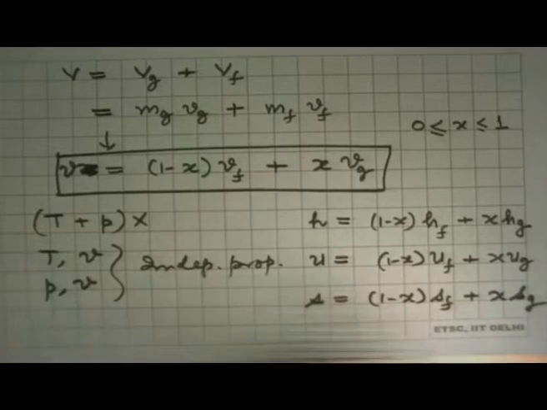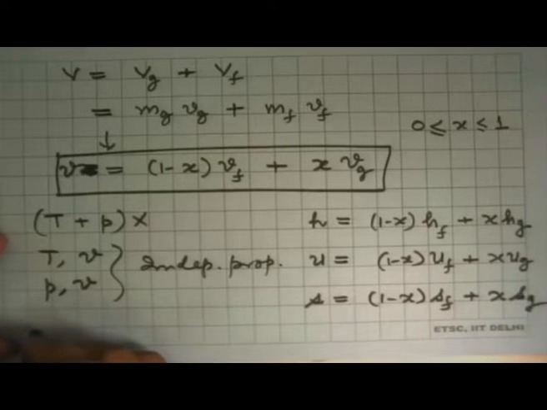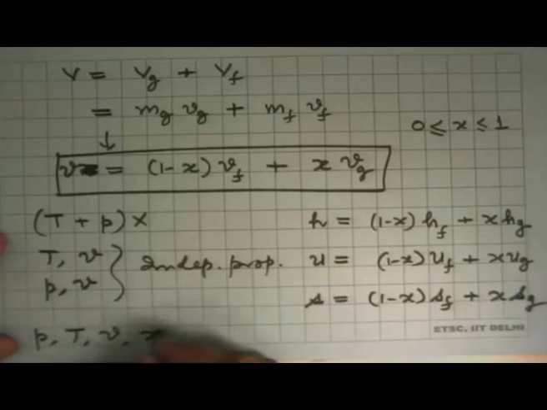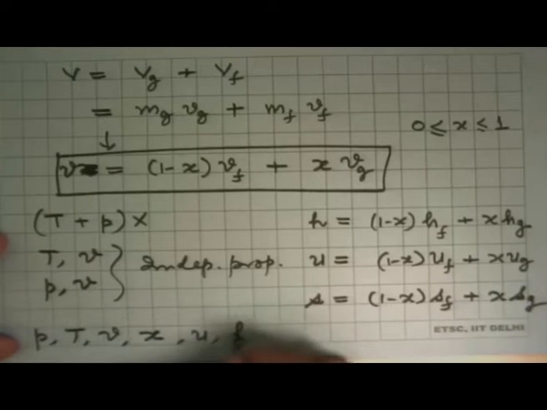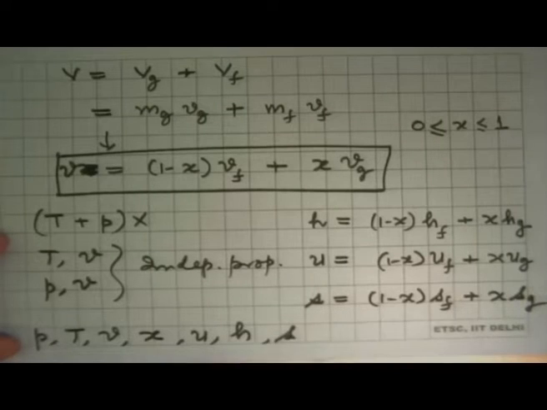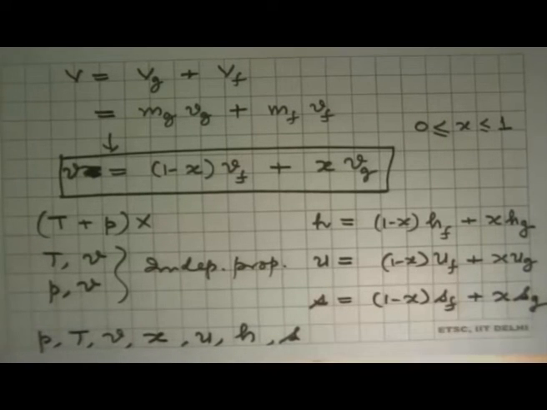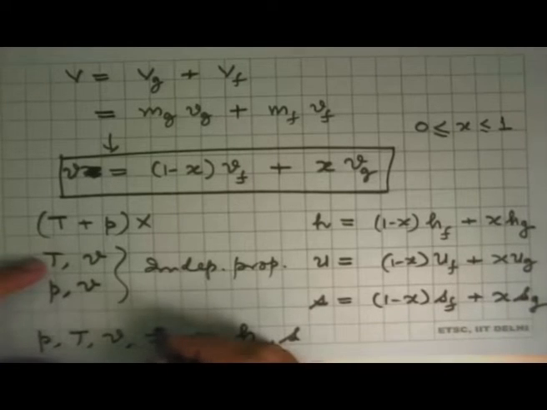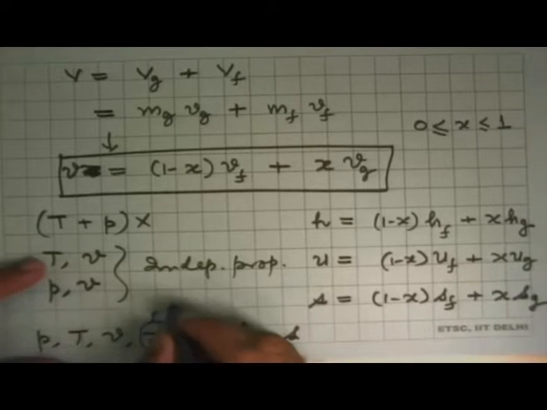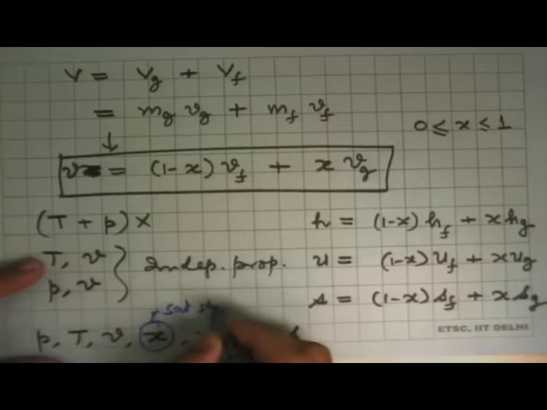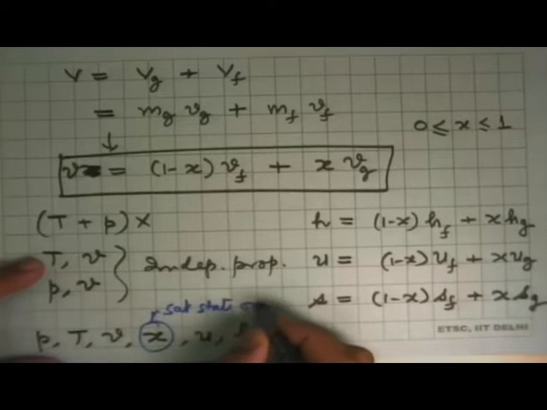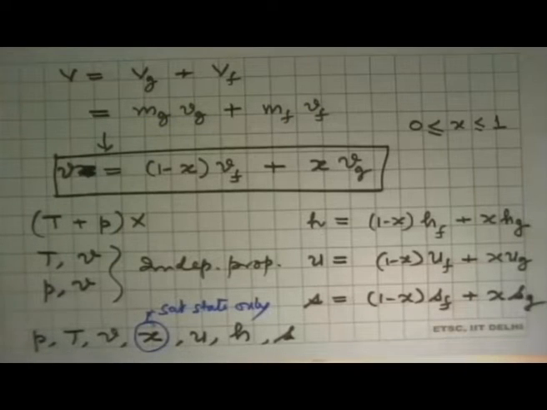So we have come to a point where we had independent properties P, T, v, and now we have added X, u, h, s to that. What we have said is that any two of these is applicable only for saturated state. If it's a superheated vapor, we don't say X is equal to 1.